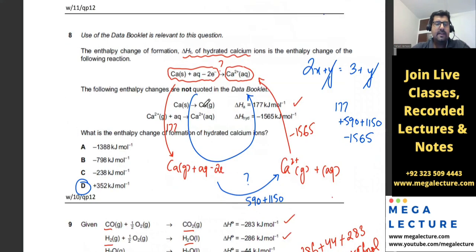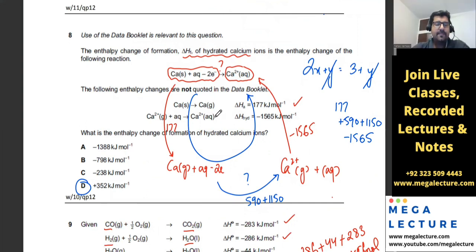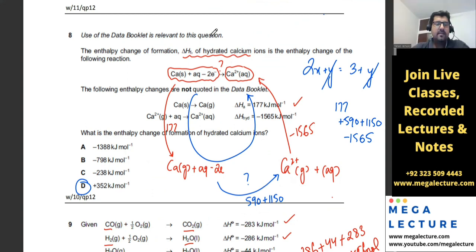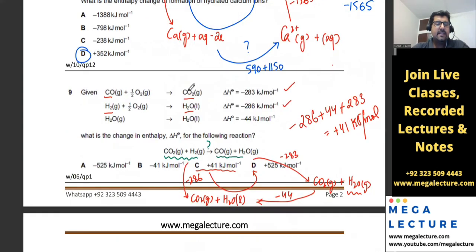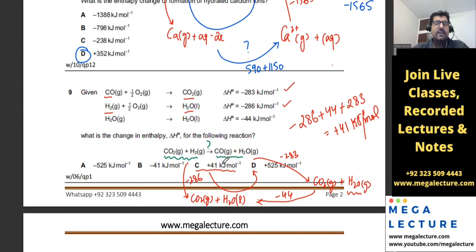So for example, over here, this equation is not the enthalpy of formation, right? Yes, sir. So which is why we had to draw the cycle. Same goes over here. This is not the enthalpy of formation. Water gas turning to water liquid is not the enthalpy of formation. So there was no choice. You had to make the cycle. Okay. Okay, sir.